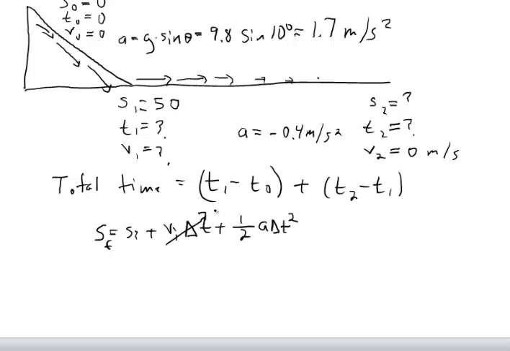Starts from rest, that's 0. So you rearrange it like we did before. Delta T ends up to be the square root of S final minus S initial over 1/2 A.